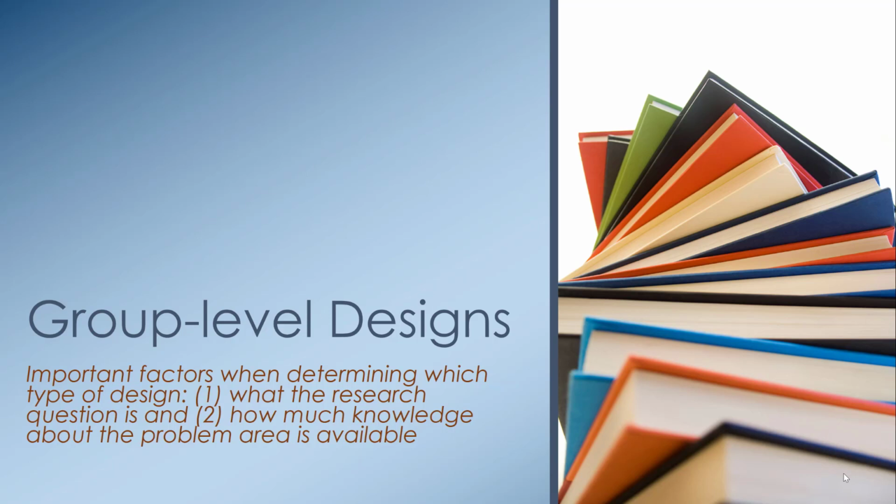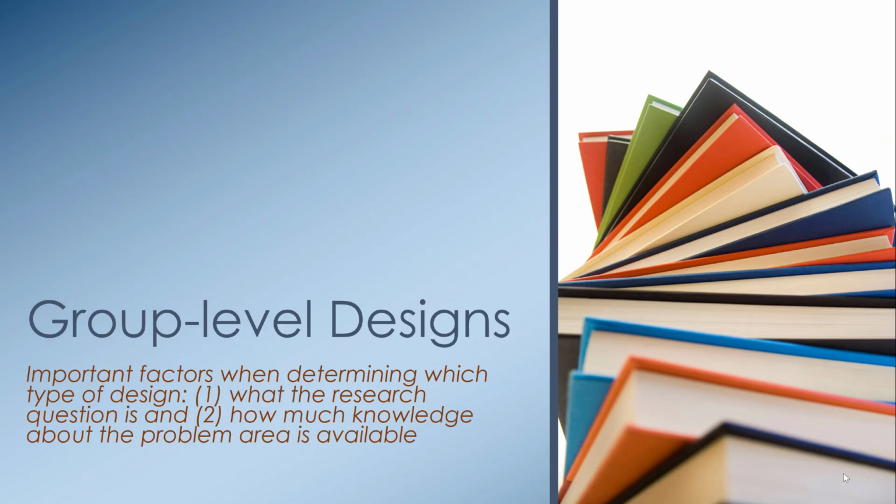If it's very early in the knowledge level continuum in terms of the topic that you're going to be looking at, you're going to engage in exploratory level research. You couldn't go all the way to the explanatory level unless knowledge has been empirically established and published in terms of that research question.